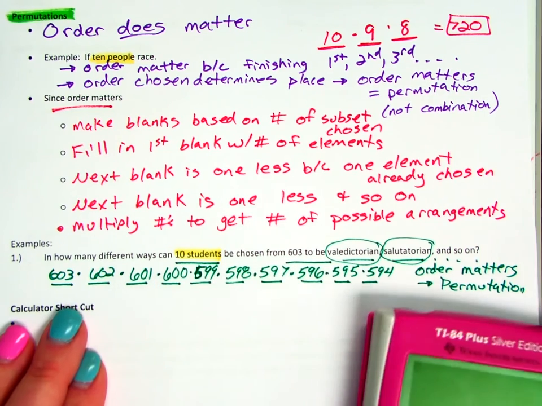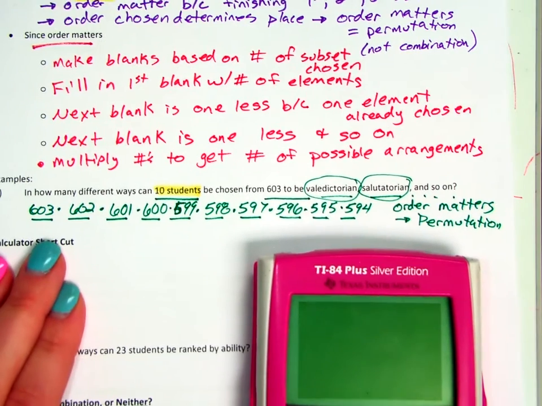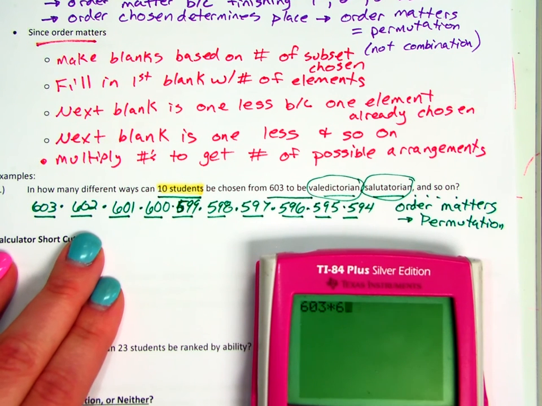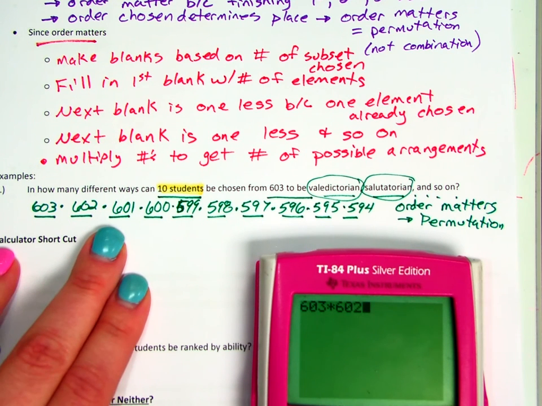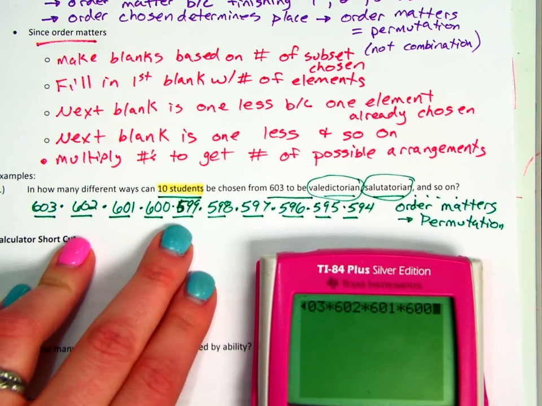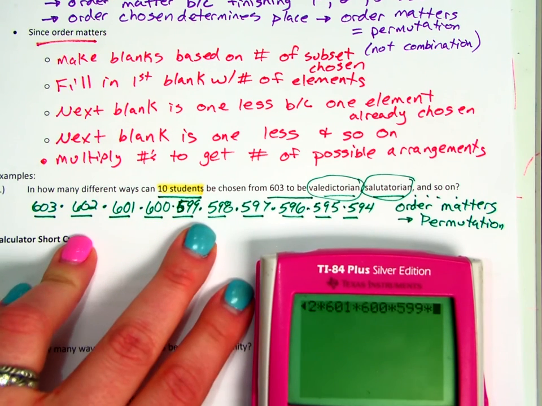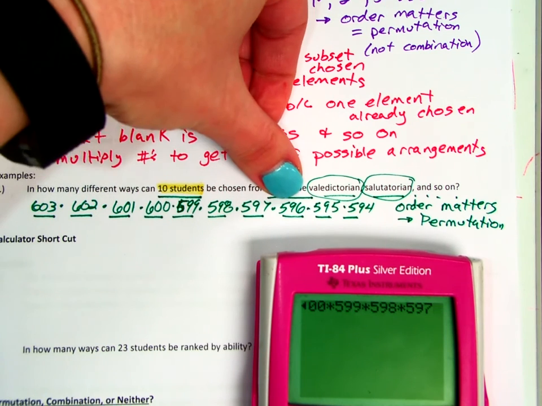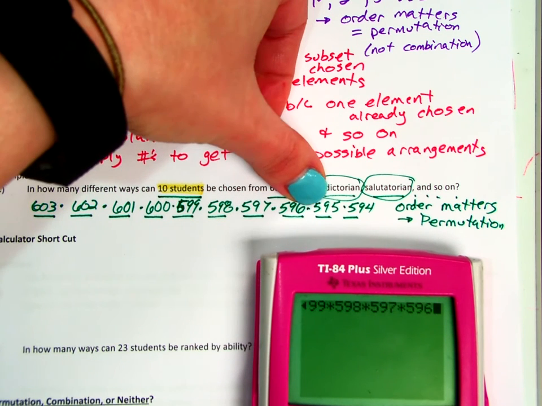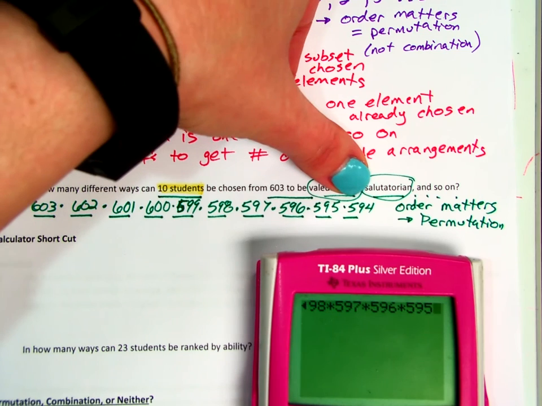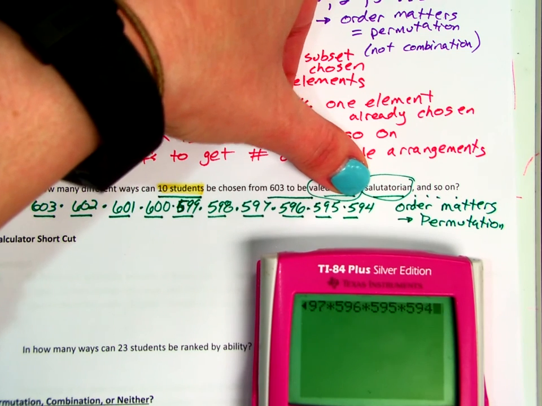So, I need to move that up a little so that I can see. So, 603 times 602 times 601 times 600 times 599 times 598 times 597 times 596 times 595 times 594.